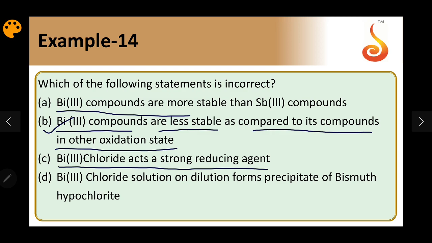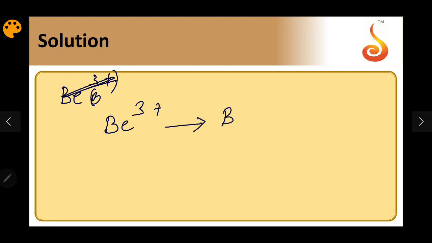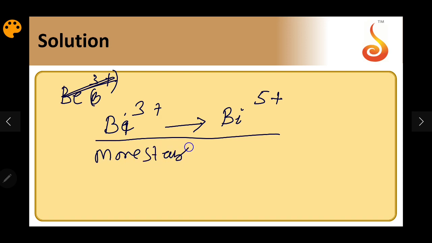So among Bi3+ and Bi5+, if I take the oxidation of Bi3+ becoming bismuth 5+, bismuth 3+ is more stable and bismuth 5+ is less stable.